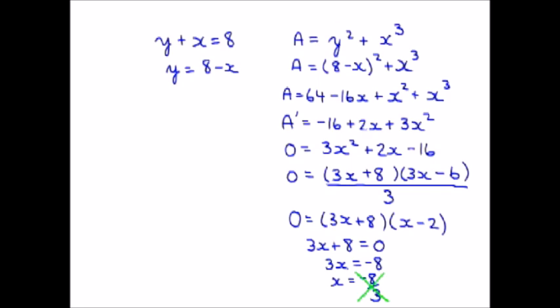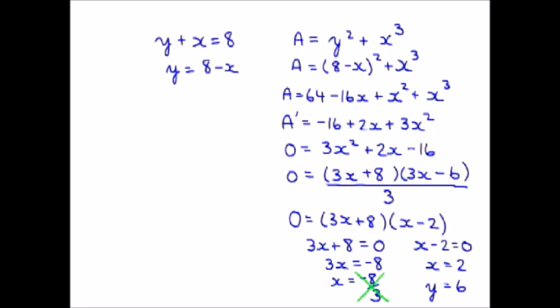I've also got to consider that my factor x minus 2 possibly is equal to 0, and when I solve, I get x is equal to 2. Then I go about finding my corresponding y coordinate, which is 6. I found that by putting into the first equation we had, y plus x is equal to 8.